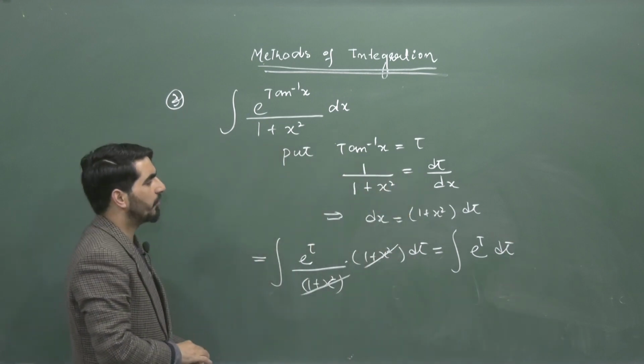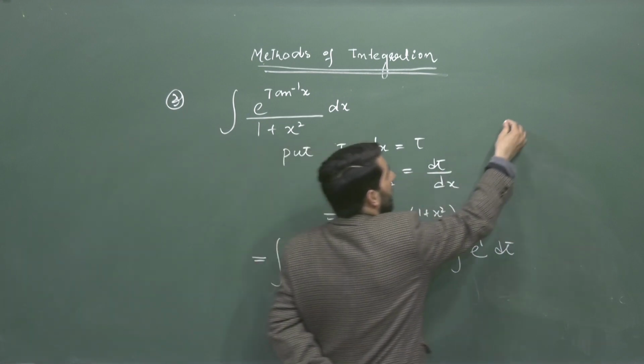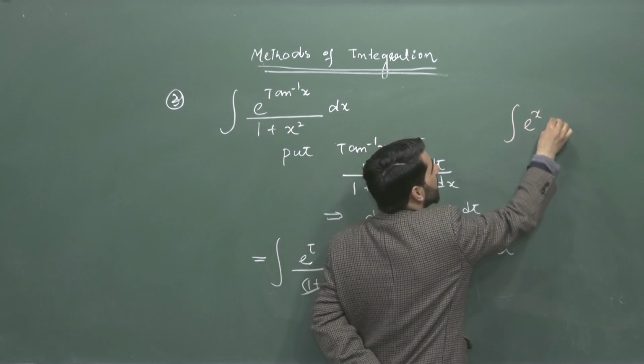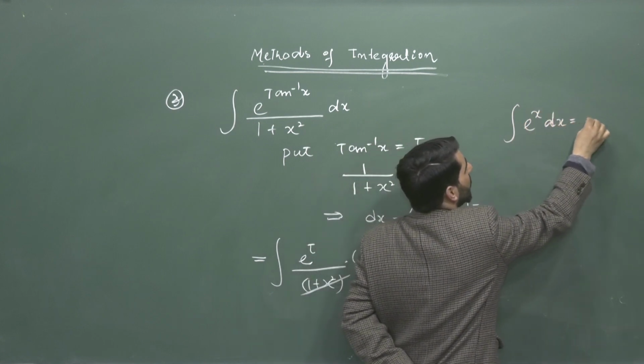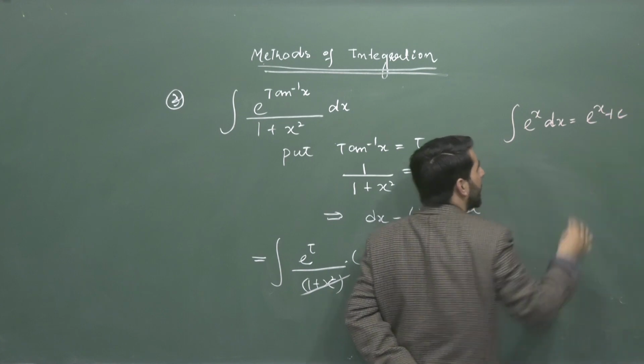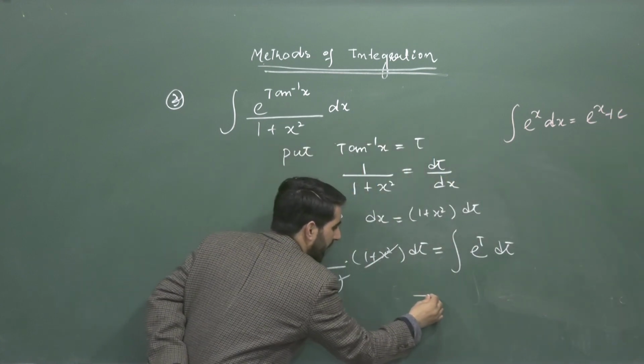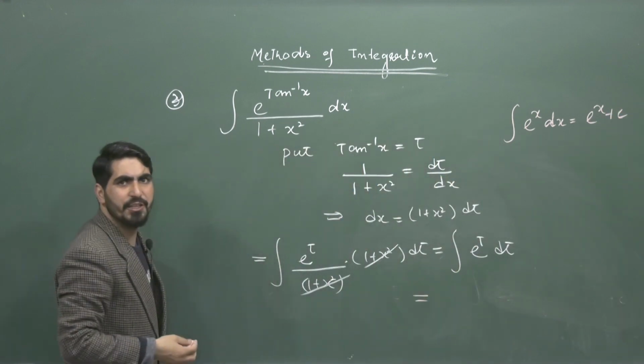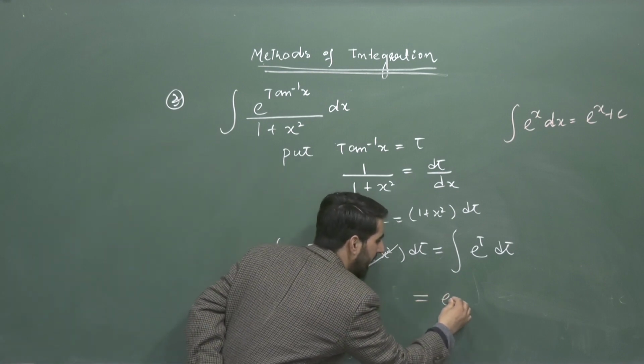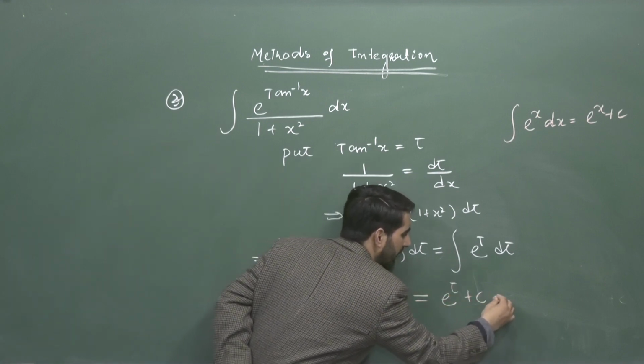As we know from the previous lecture, integration of e raised to power x dx is equal to e raised to power x plus c. Therefore, integration of e raised to power t dt is equal to e raised to power t plus c.